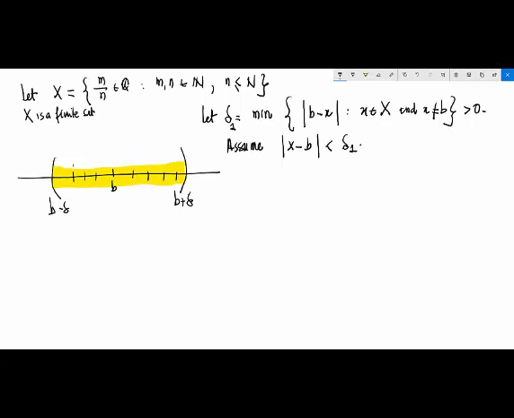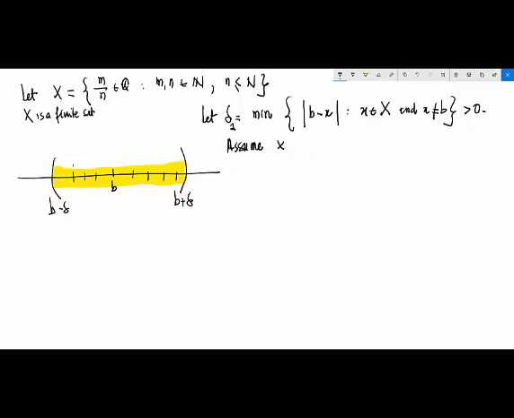If x is an irrational number, then it must be of the type m over n, and by construction little n must be strictly greater than capital N. So let me rewrite this.